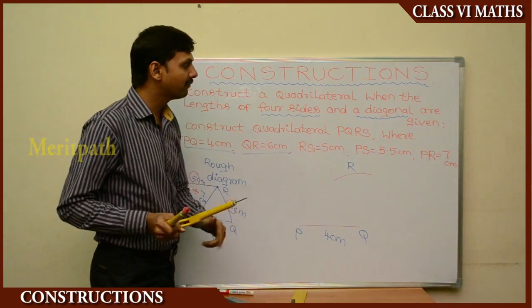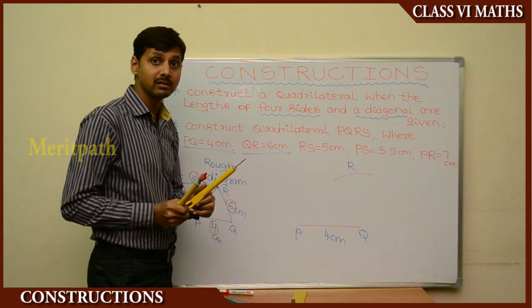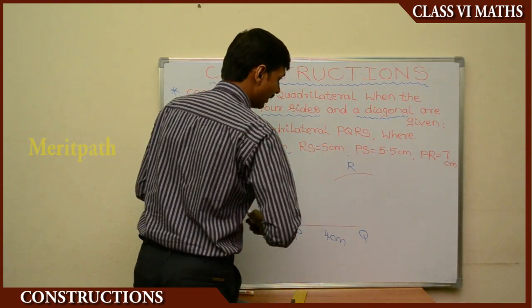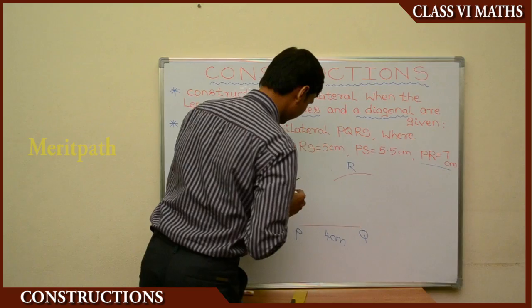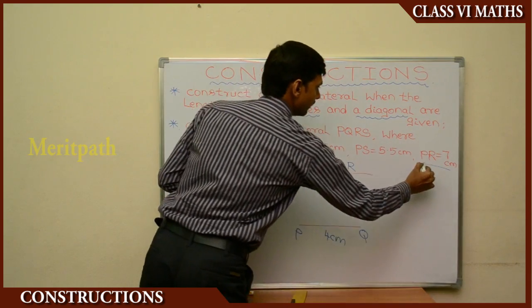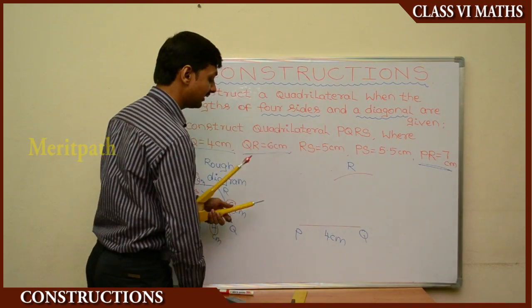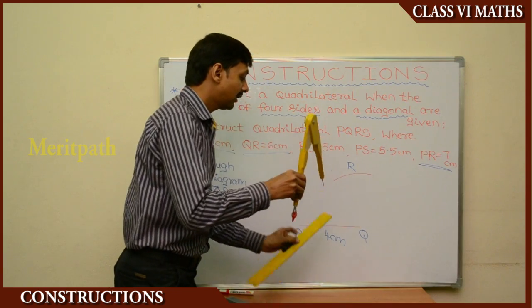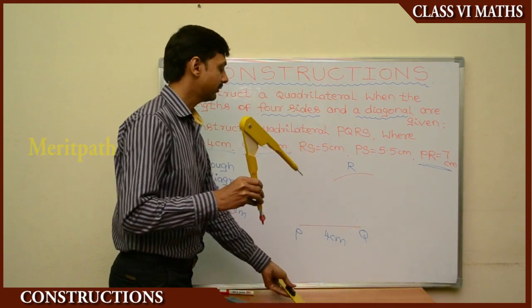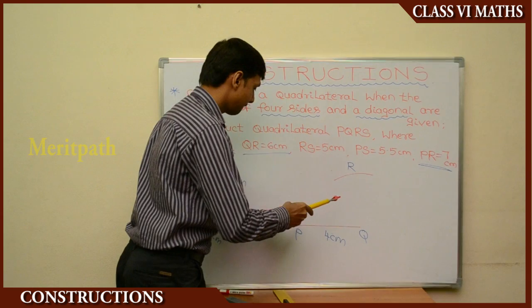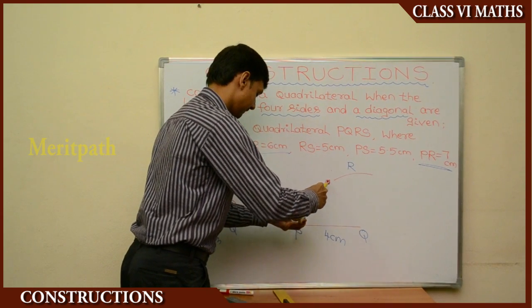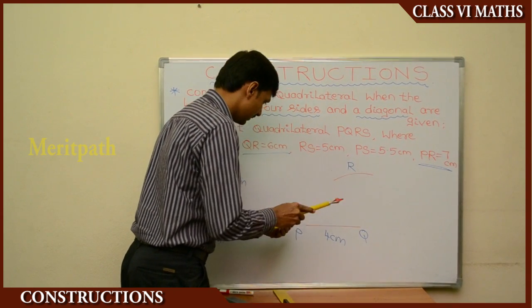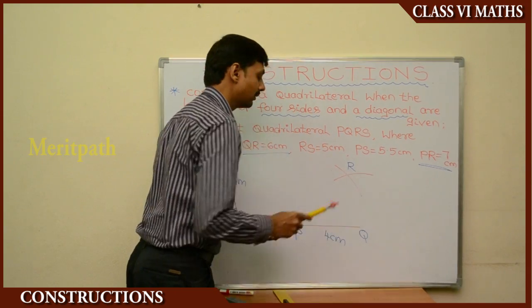PR is 7 centimeters. It's a diagonal. So let's take 7 centimeters on the compass. 7 centimeters from P, make an arc.